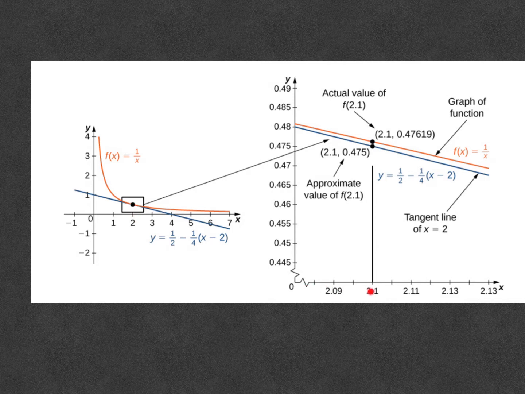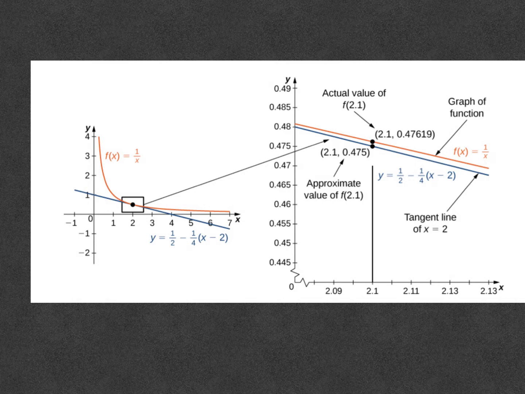If I zoom in on that graph, and that's what this arrow is doing, we're zooming in a little bit to the right of 2, say at 2.1. What we see is that the blue tangent line and the orange curve, 1 over x, are super close together. The y coordinate on the tangent line is 0.475, and the actual y coordinate on the curve is 0.47619.